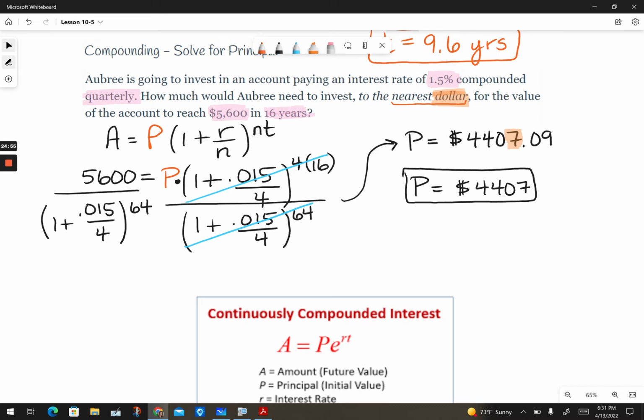Okay, so recall, we were talking about when something's compounded, you are talking about your interest accumulating for one period, and then you add it to the principal investment before you calculate interest again for the next period and add it again, and so forth. But sometimes that's not going to happen.